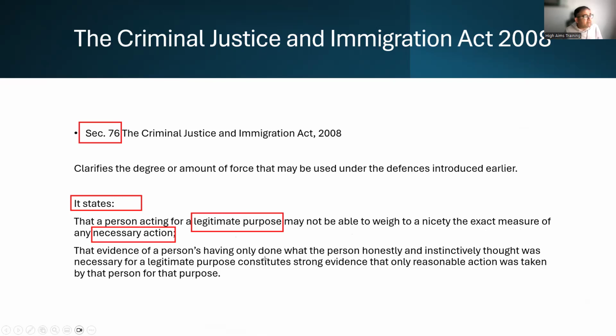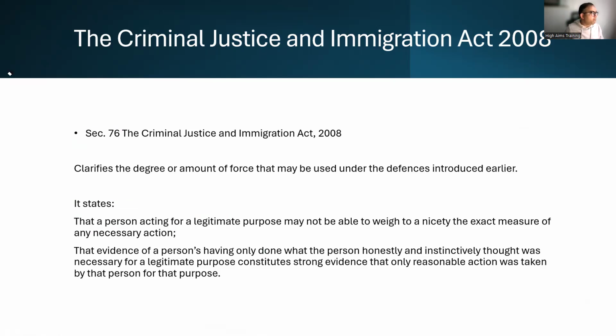Evidence of a person having only done what the person honestly and instinctively thought was necessary for a legitimate purpose constitutes strong evidence that only reasonable action was taken by that person for that purpose. So again, all the time, the force has to be reasonable or proportionate to the threat. You cannot use excessive force. That's not allowed.